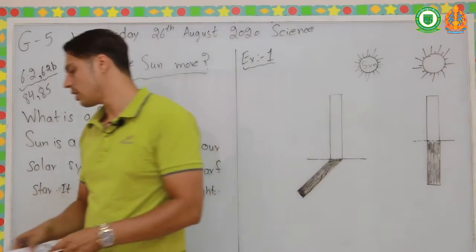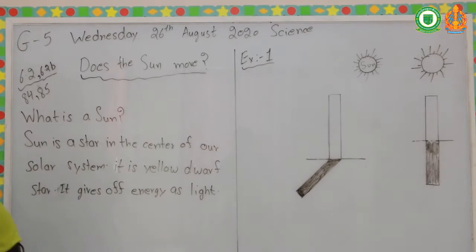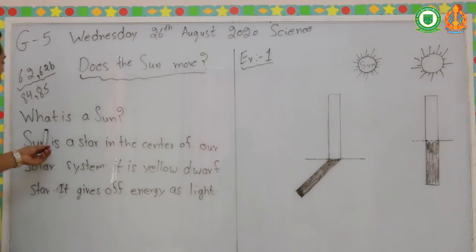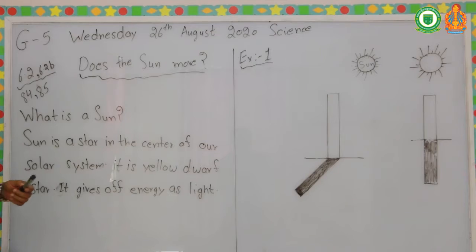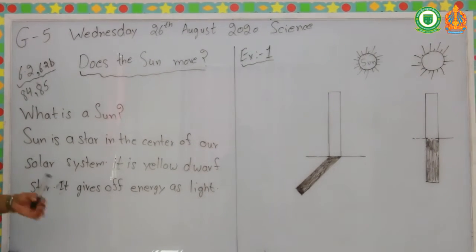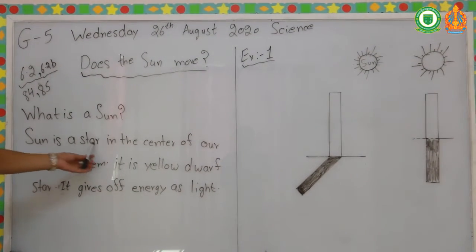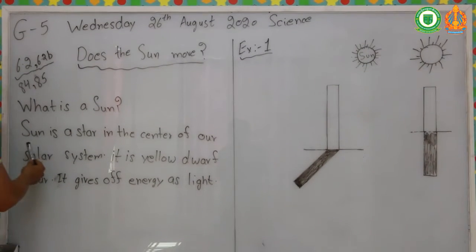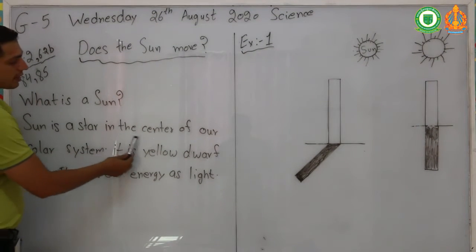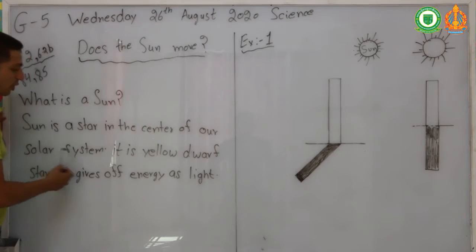Now let's have a look here. What is a sun? We all should know what is a sun. The sun is a star in the center of our solar system.